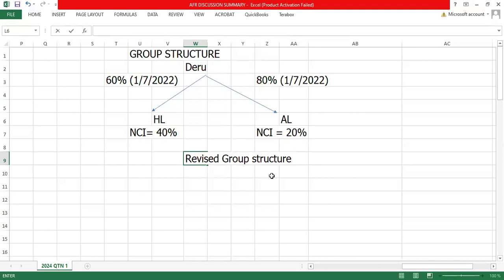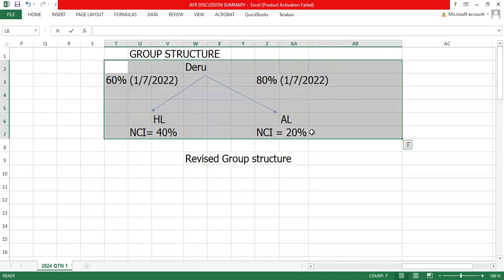Most of the things are not going to be affected because of this additional 20%, because it came at year end. Okay, let me first do the revised group structure again.